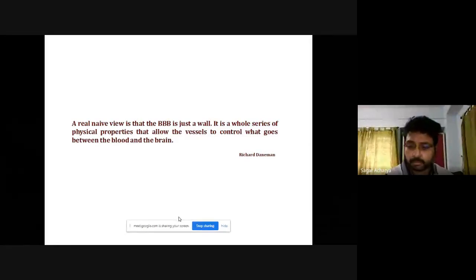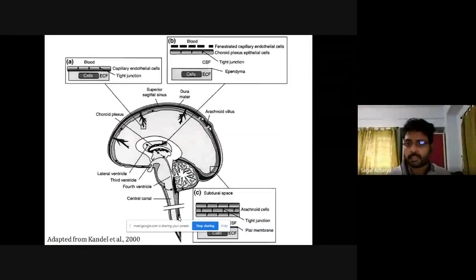So before going into that, these are several barriers or blood vessels that are found within our brain. We'll talk much less about those things because we are only concentrating on the BBB.